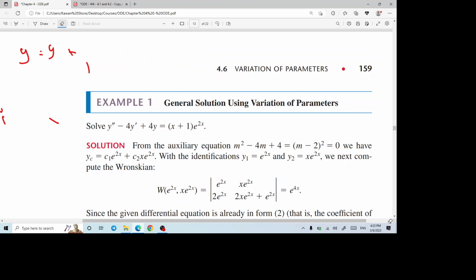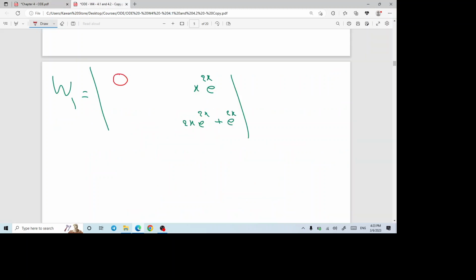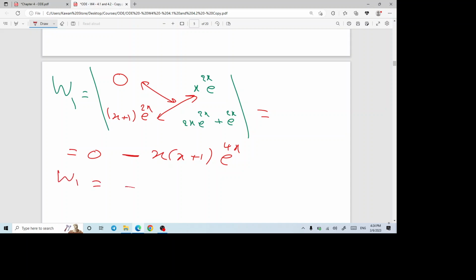Where's that function? On the other side of the equality, the right side. So I'm going to put it here, x plus 1 e to the power 2x. This absolute value means determinant, so again the main diagonal gives me 0, minus the second diagonal, x plus 1 e to the power 4x. So the result of W1 will be minus (x plus 1) e to the power 4x.